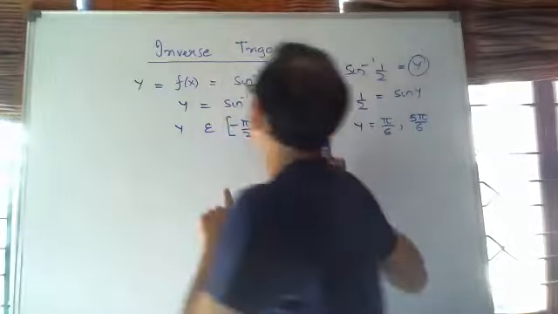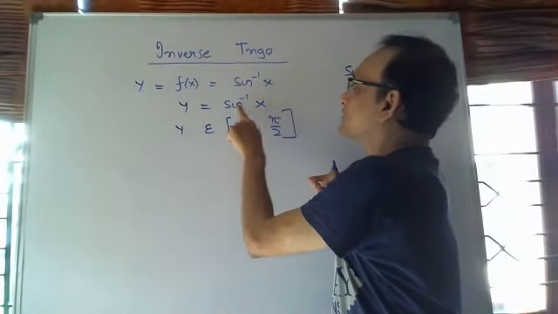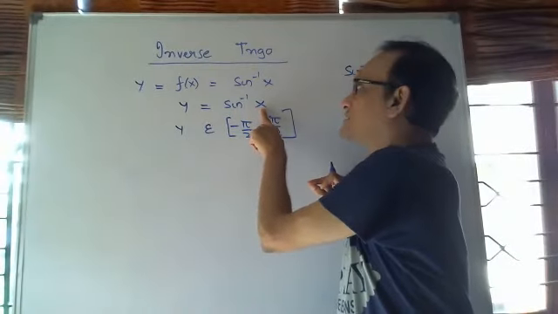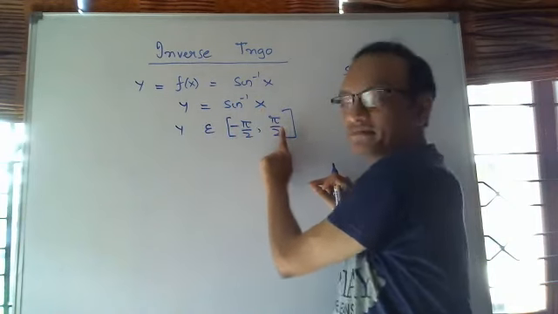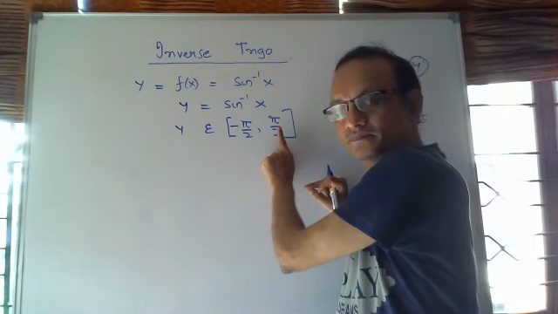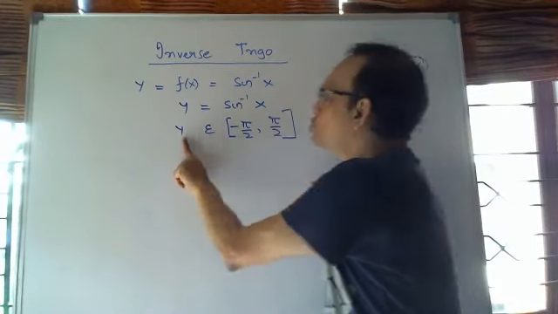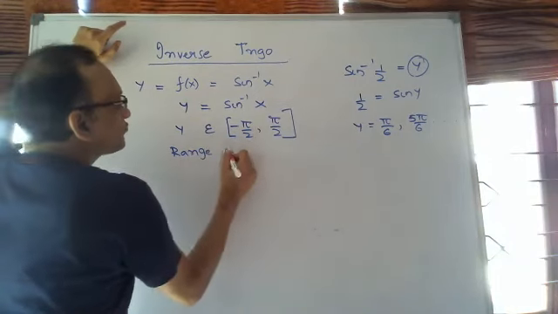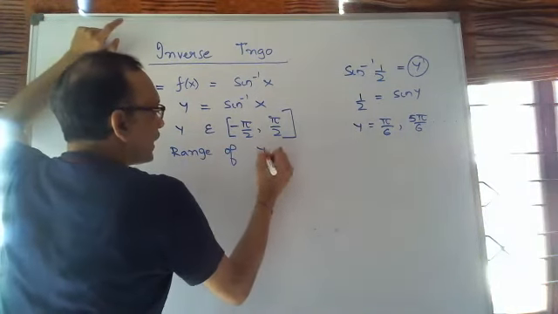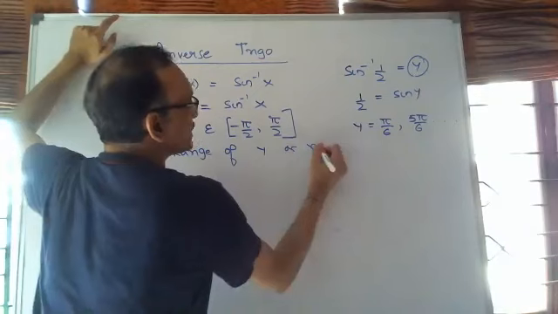That means for a given x, if I have to find sine inverse x, then I look for values of y that lie in this interval. This is the range of y, or range of sine inverse x.